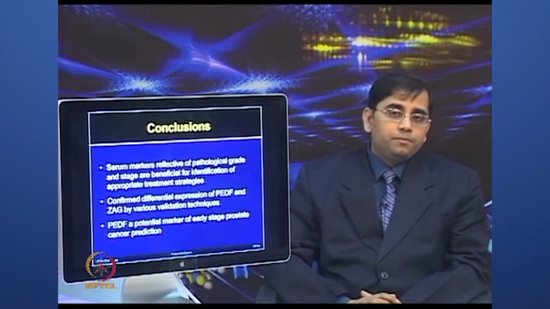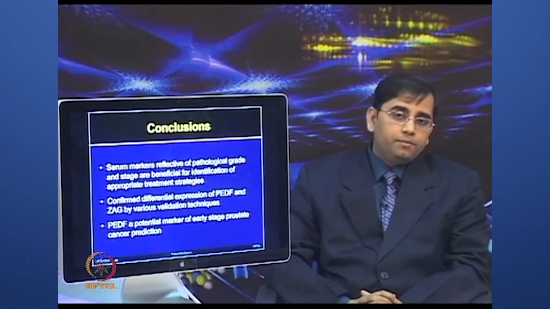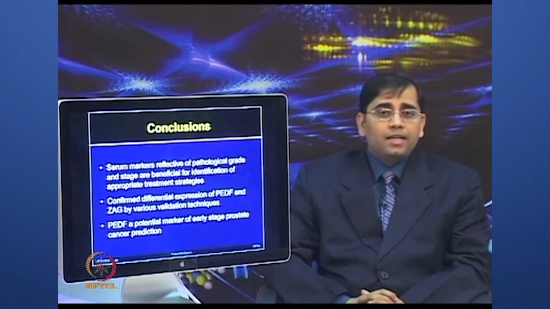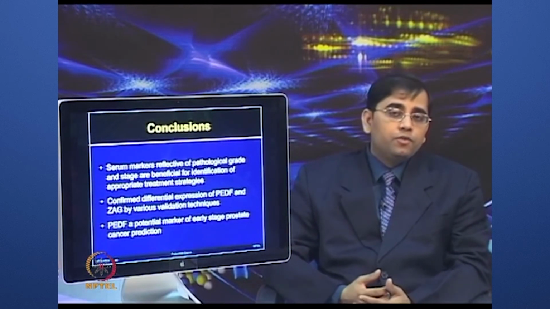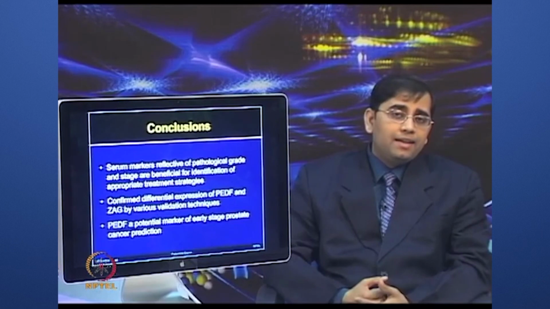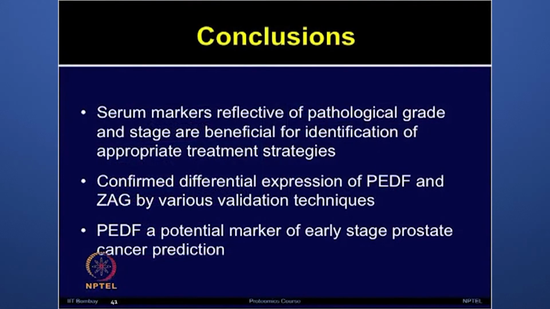So, from this paper, the major conclusions were that serum markers which are reflective of the pathological grade and stage could be beneficial for the identification of appropriate treatment strategies. Authors confirmed that differential expression of PEDF and ZAG can be performed by using various techniques such as Western blot, ELISA and immunohistochemistry.